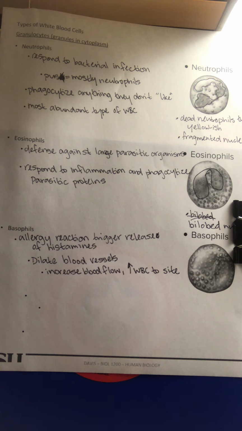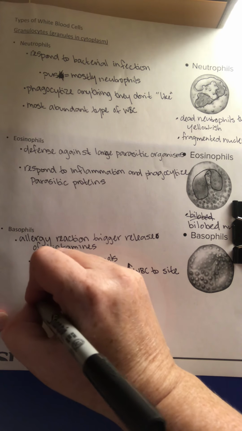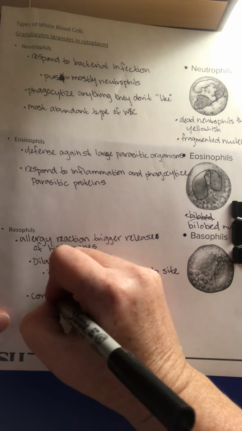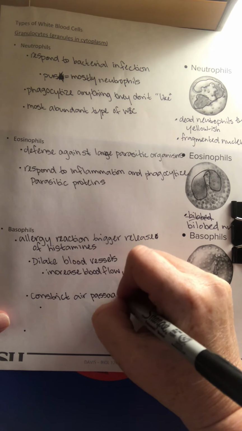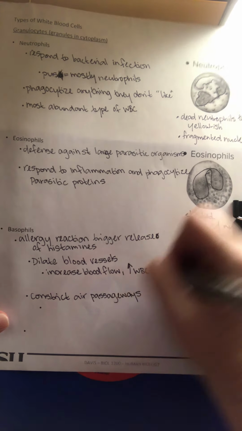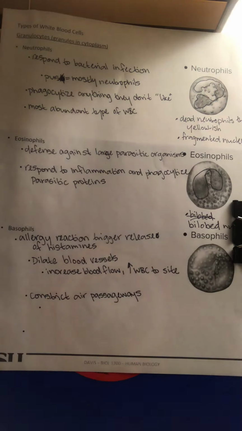We can end up with swelling and inflammation due to the increase of white blood cells at some of these sites, and it can constrict our air passageways. Now the thing is, they're kind of supposed to, because a lot of allergies come in through our air passageways. And so when we have this constriction take place, it's supposed to prevent further exposure. Right?